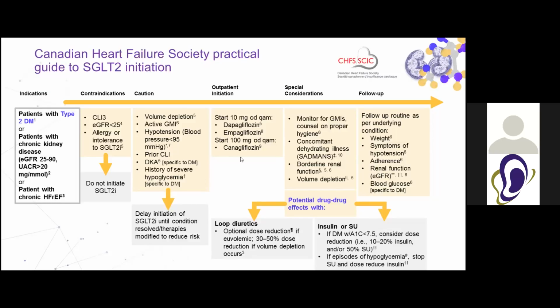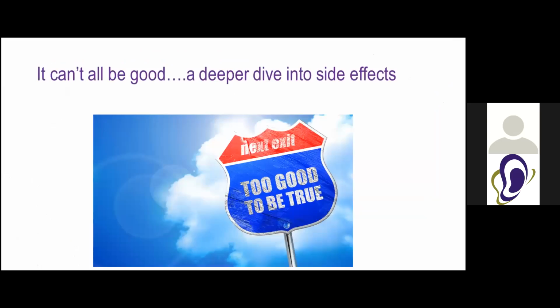The important thing to note is that they have some clear guidance on initiating outpatient SGLT2 inhibitors, with a few special considerations about monitoring, which I'll get to in a moment, and some follow-up routines. We can talk about this in more detail in the question and answer, hopefully.